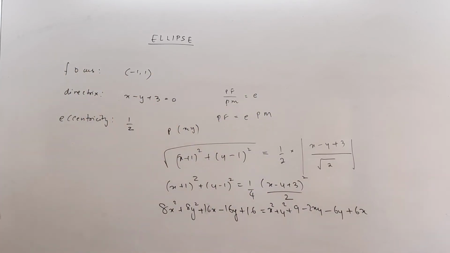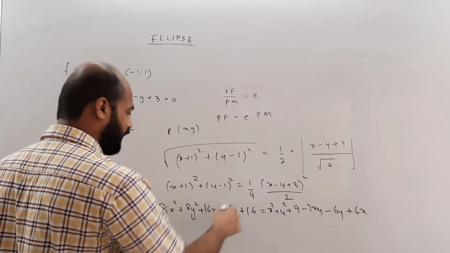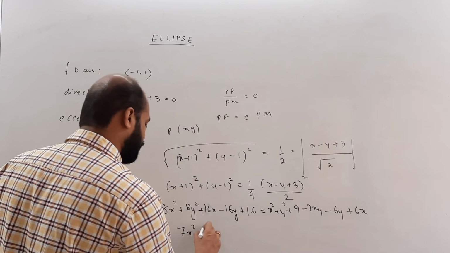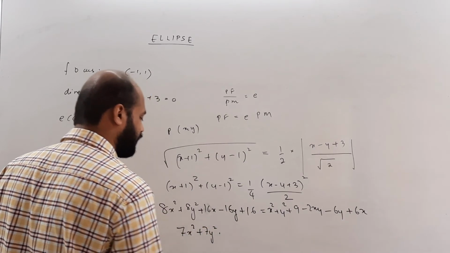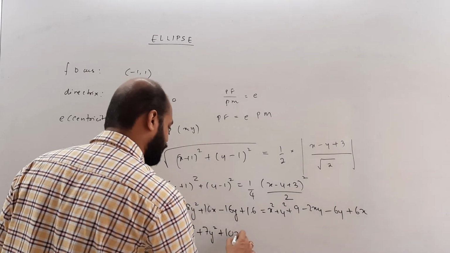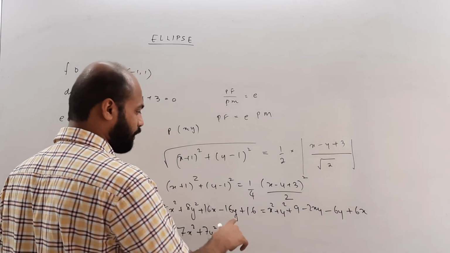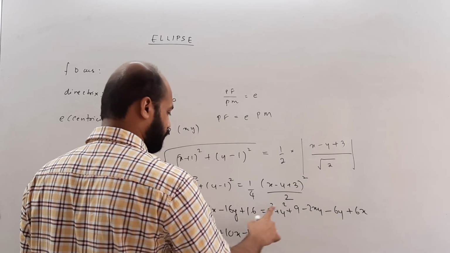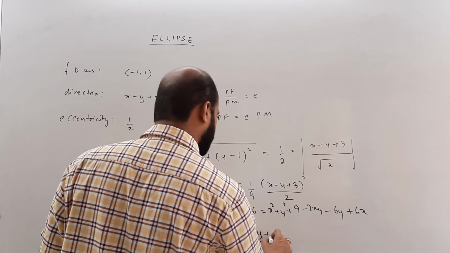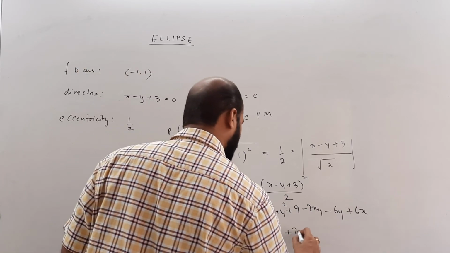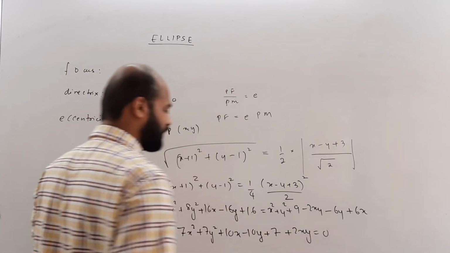So when we simplify this, we'll get the answer: 8x square gets cancelled, 7x square is what we get, 7y square we are going to get, then there is a 16x, and on that side there is 6x, so it's 10x over here, minus 16y plus 6y is going to be minus 10y, plus 16 minus 9 is going to be plus 7, and then there is an additional term of plus 2xy equals 0.